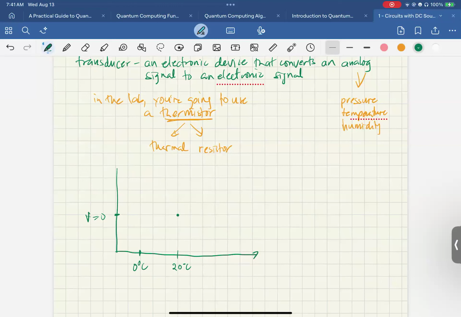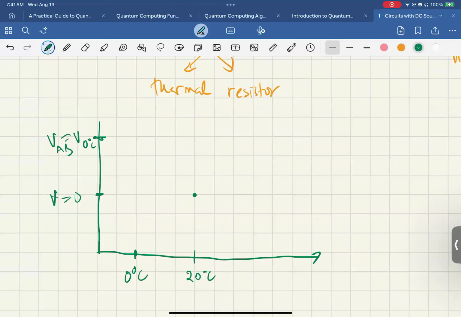So sabihin natin 0 degrees Celsius. What you find out is that yung output voltage VAB has some value at 0 degrees Celsius. And makikita nyo na yung value niya is somewhere here.